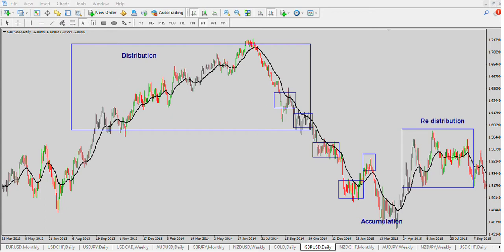accumulation phase, the markup phase, the reaccumulation phase, and the distribution phase.